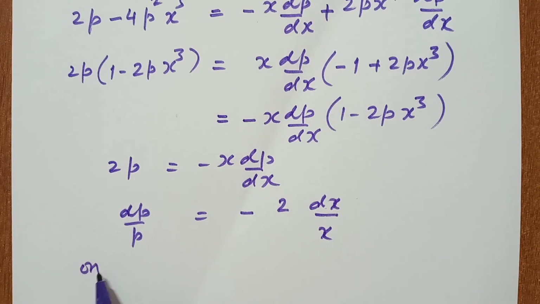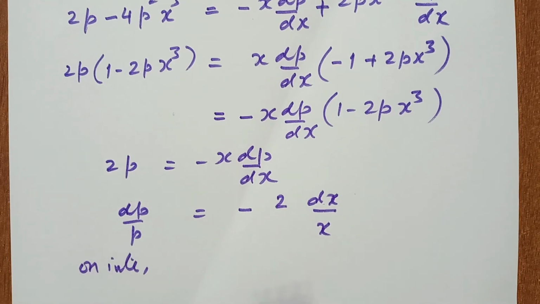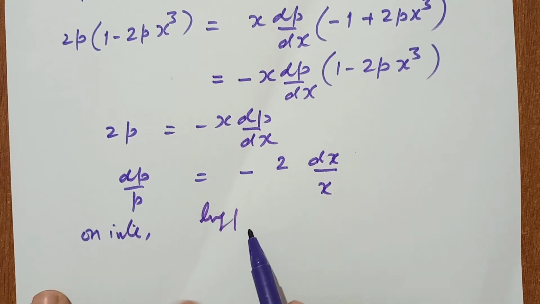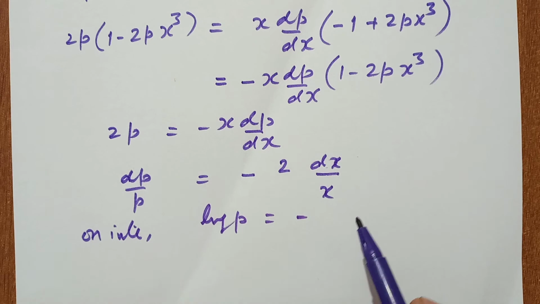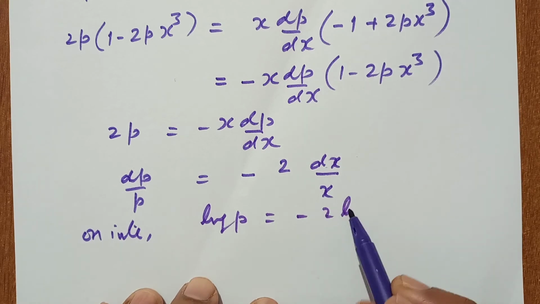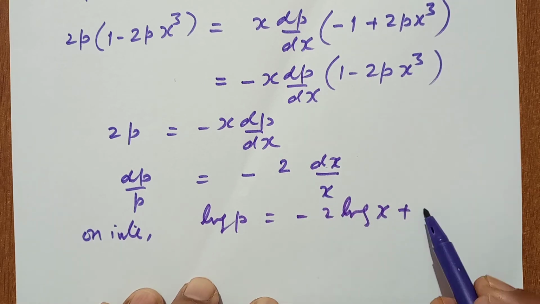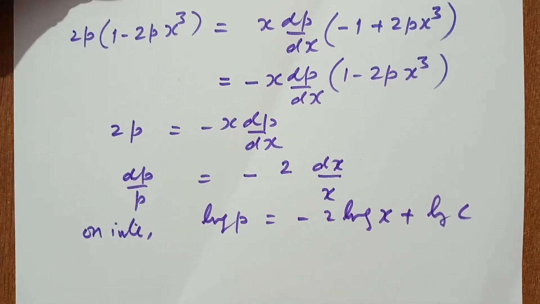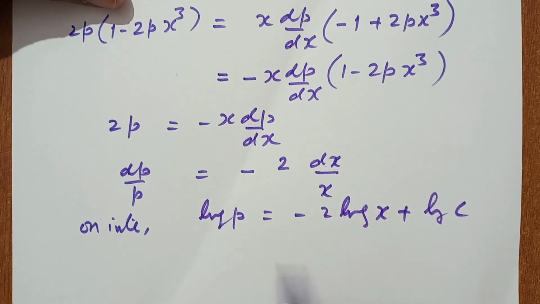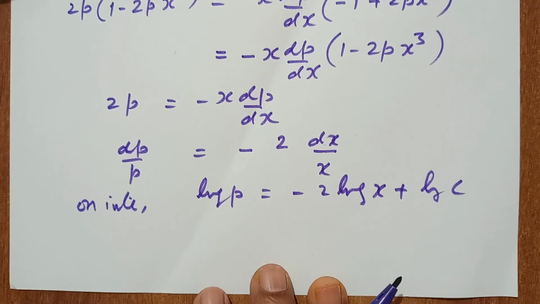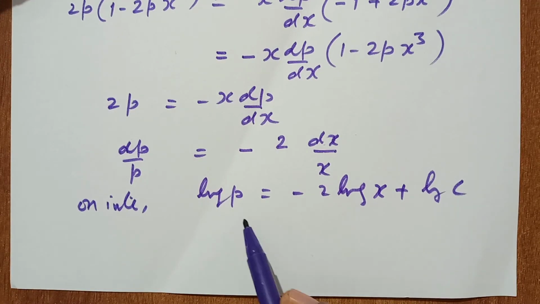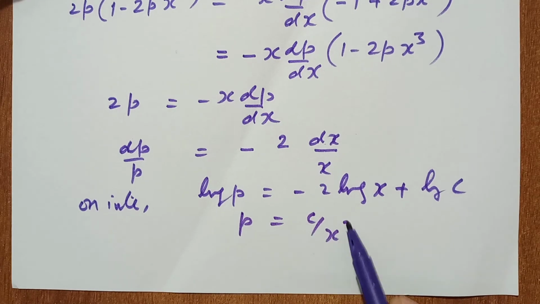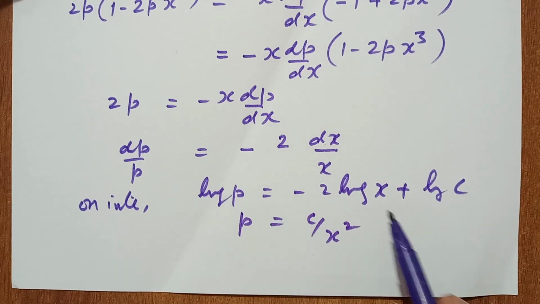On integrating, we get log p is equal to minus 2 log x plus log c, where c is the constant of integration. Our aim is to calculate the value of p. So p is equal to c by x square, by the property of log.